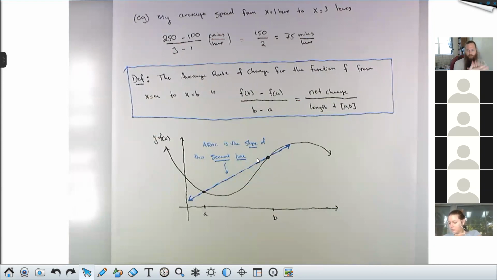You take your unit circle, plop it right at the origin, and then the secant of theta is the length of a secant line. Google geometric definition of secant if you want to see that. Okay, so a line connecting 2 points on a graph is called a secant line, and the average rate of change for a function over an interval where you've constructed a secant line is the slope of that secant line. And we always want to write it like this.